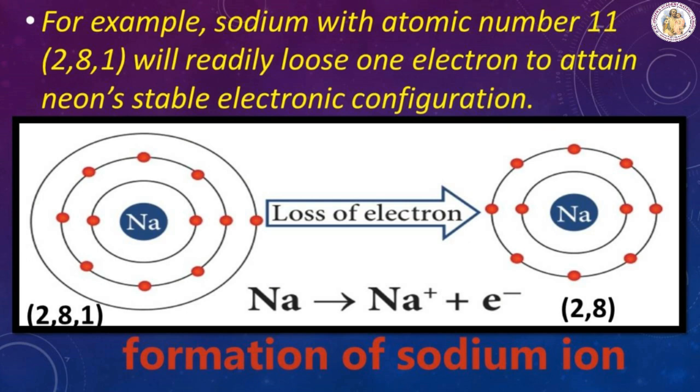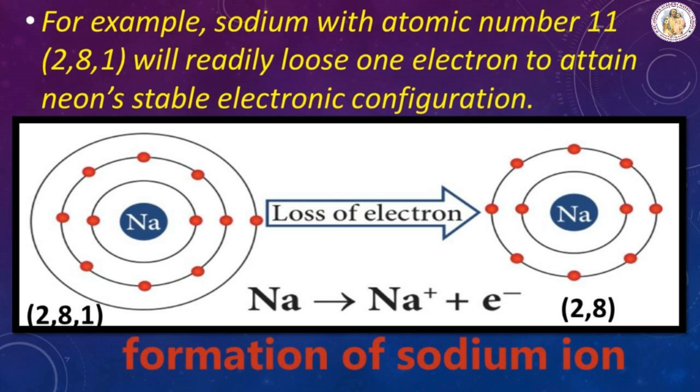For example, sodium with atomic number 11, its electronic configuration 2, 8, 1, will readily lose one electron to attain neon stable electronic configuration. Now come to this picture, how the sodium ion is formed.